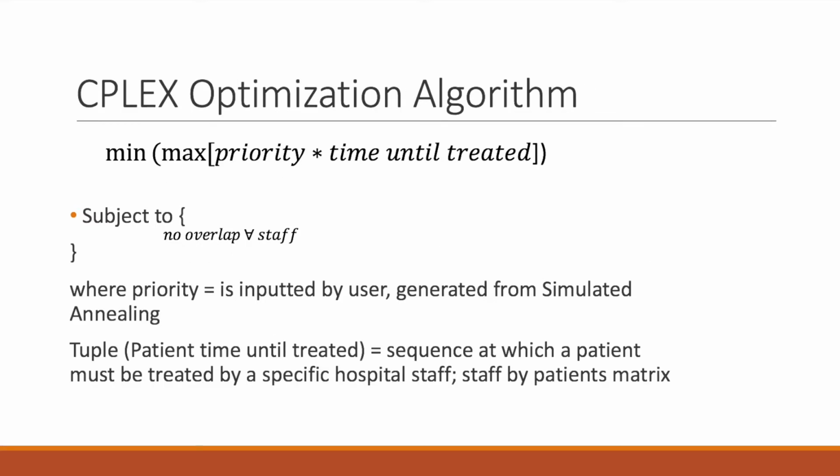After inputting the priorities generated from the simulated annealing, we were able to optimize the sequence in which the staff treats patients. This program minimizes the maximum amount of time it takes to treat a single patient. In other words, this will determine the maximum amount of time it takes to treat a single patient and attempt to minimize that value as much as possible.